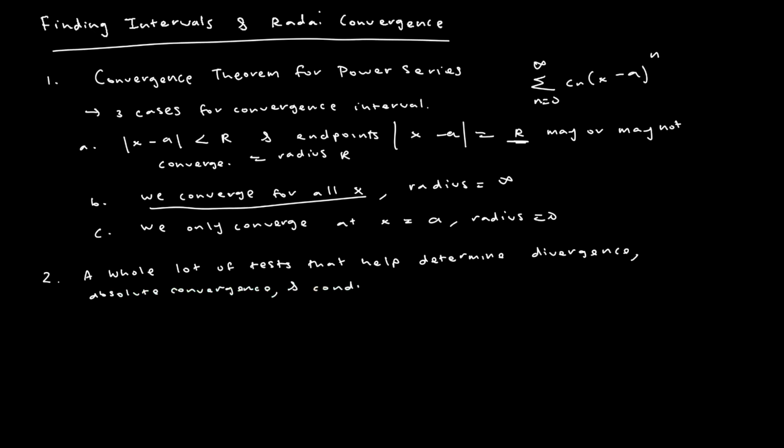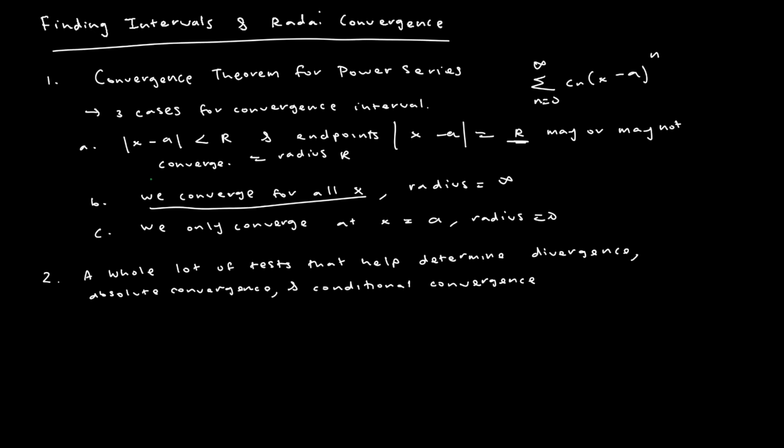So given all of this machinery, specifically the fact that we know some properties about how power series converge, and secondly, we know how to test for convergence of arbitrary series, we can now use these two in tandem to determine the interval at which a power series will converge, and also determine the radius of its convergence.